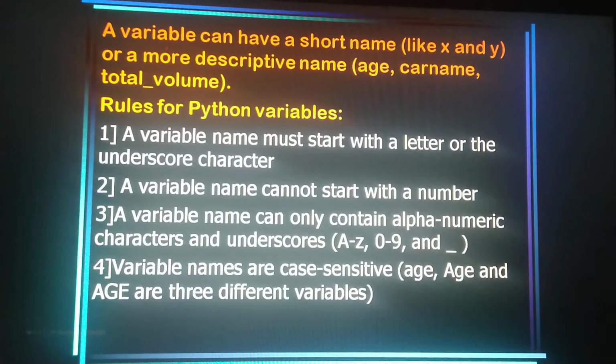Apart from these, if you are using hash, star, it is not included in the name of variable. Variable names are case sensitive. Case sensitive means there is a differentiation between capital and small characters.